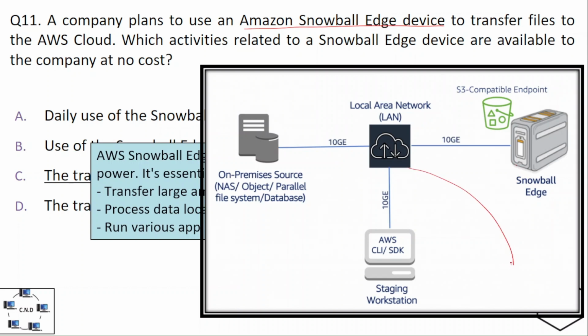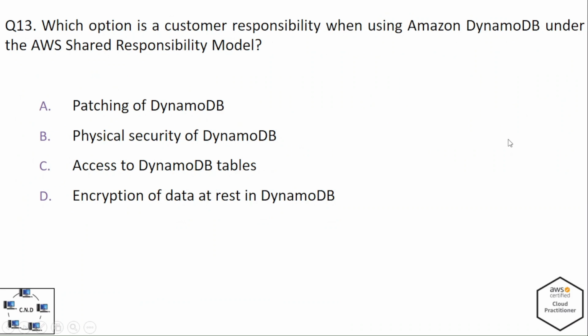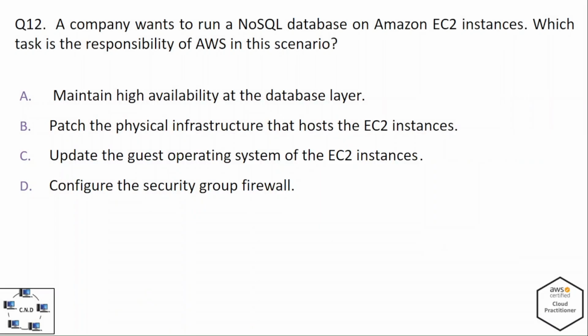Let's suppose this is AWS, this is the internet connection. So using the Snowball Edge device you can upload and download your local data to the AWS cloud securely and fast. Let's get to the next question.